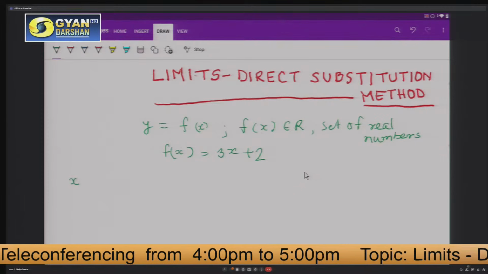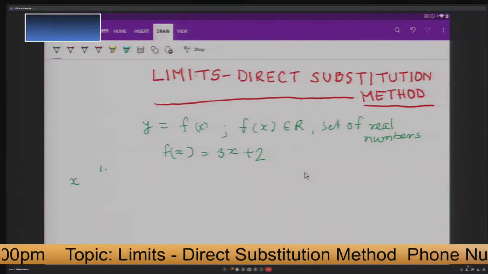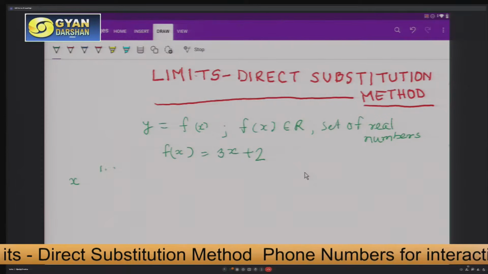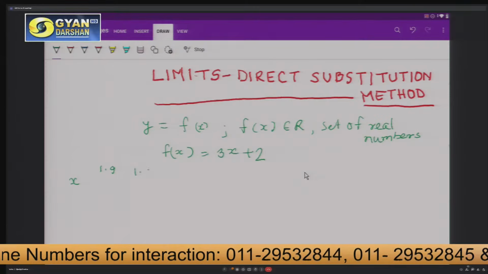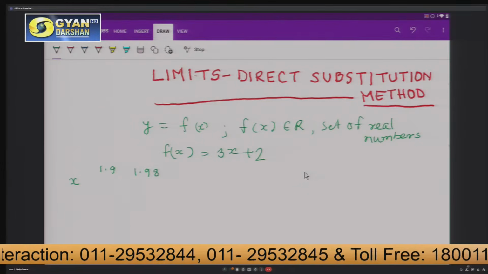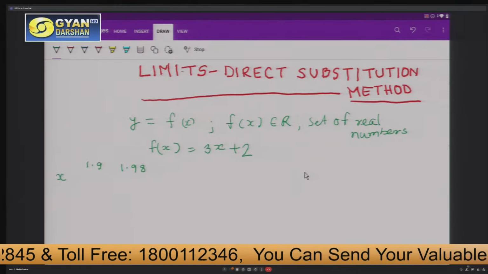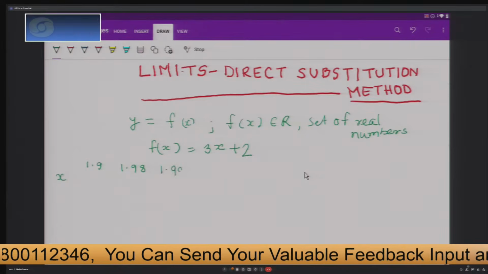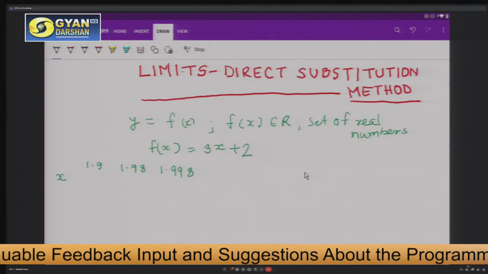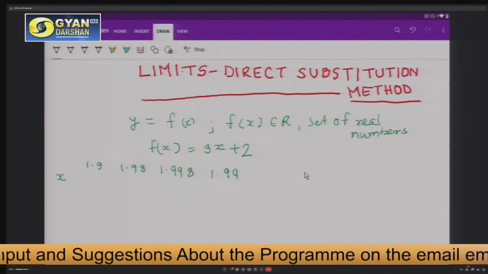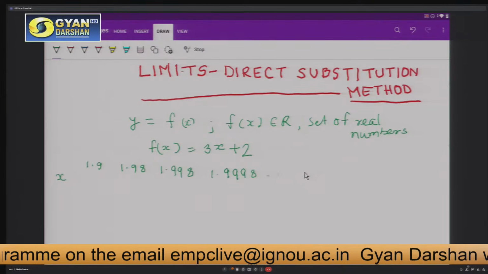Say we are making a table. Let us take the values of x as 1.9, 1.98, 1.998, and so on.